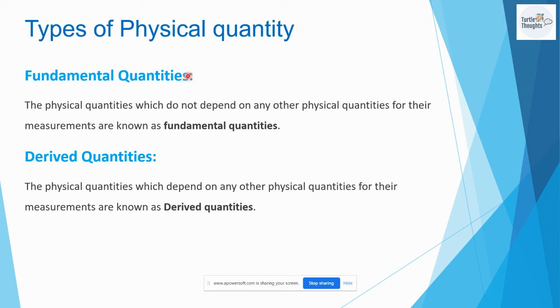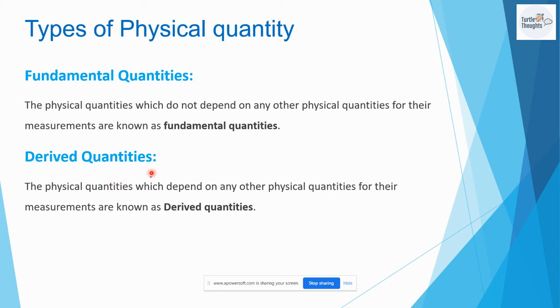Types of physical quantity. Physical quantity can be categorized into two groups. One is fundamental quantities, the other is derived quantities. The physical quantities which do not depend on other physical quantities for their measurements are known as fundamental quantities.